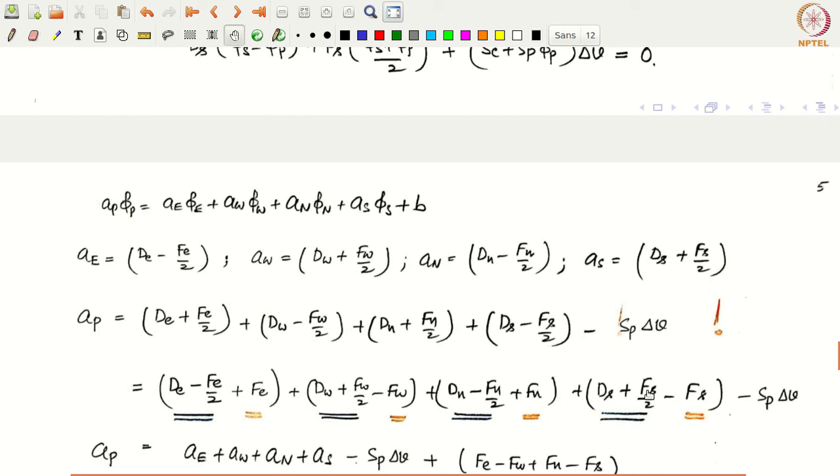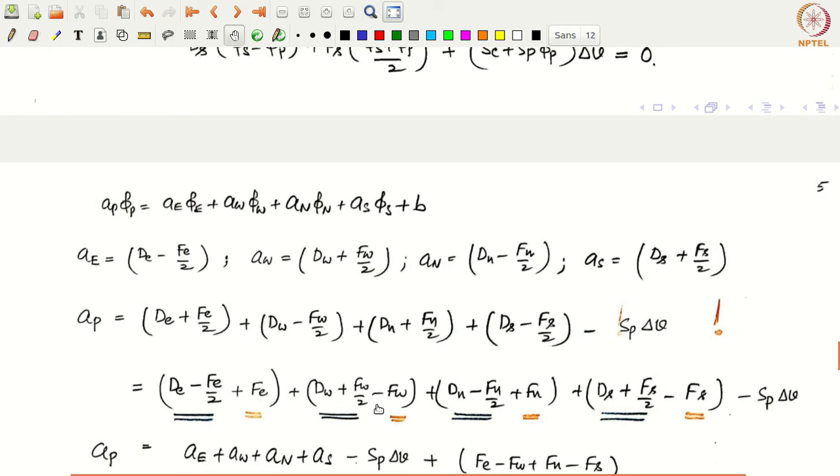So dE plus FE by 2 is written as dE minus FE by 2 plus FE, right? But then this quantity is nothing but your A east. Similarly, this quantity is now your A west, this is your A north, and this quantity is now your A south. Of course, now we have introduced these extra terms which have to be taken out.